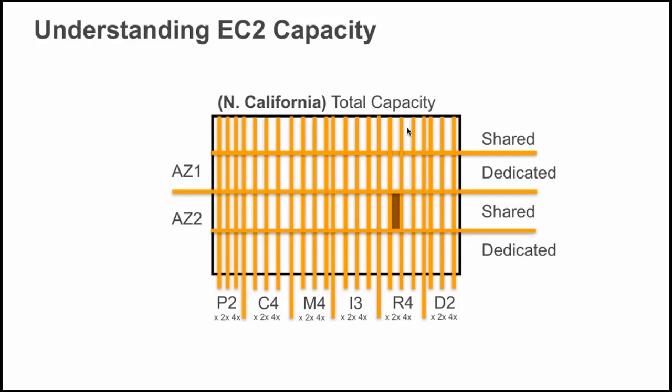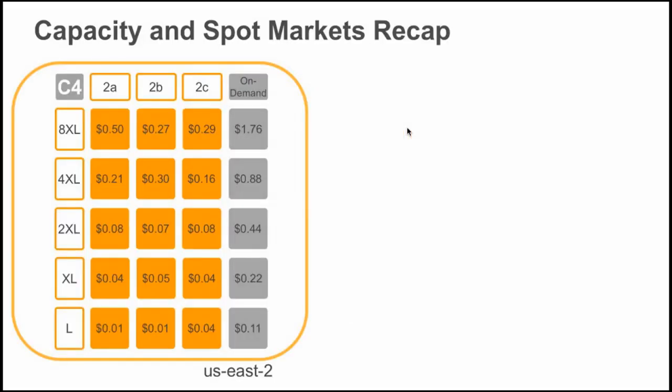And that means each of these is a separate functioning spot market with different and fluctuating prices in real time for you to bid on. So again, if you can diversify your workload across a couple of different instances or a large variety of them, both horizontally and vertically, you're going to be in the best position to get the lowest cost and to acquire the capacity on the spot market.